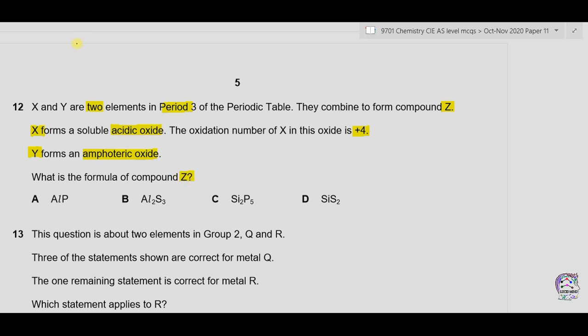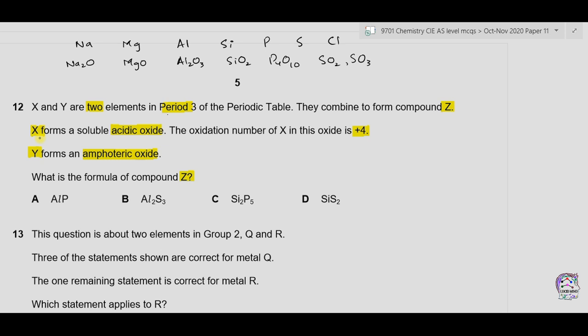The elements in period 3 are sodium, magnesium, aluminum, silicon, phosphorus, sulfur, chlorine, and so on. Now the oxides will be sodium oxide, magnesium oxide, aluminum oxide, silicon oxide, phosphorus oxide, sulfur oxides.